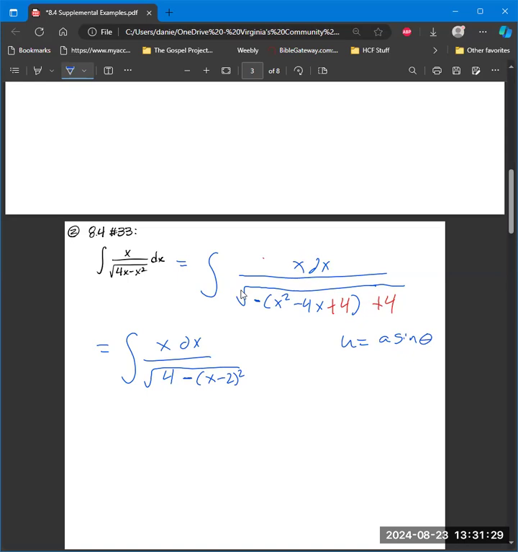That's the substitution that I'm making here, where u is equal to x minus 2.